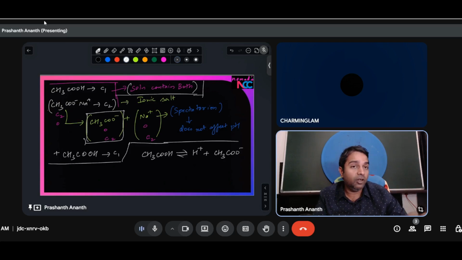Correct, that equilibrium is going to be there. But in this equilibrium, what is happening? We have this as concentration C1 in the beginning. This is, let's say, 0 in the beginning. And the CH3COO minus is present already from the salt, and its concentration is C2. So we now have one of the products present already in the beginning itself.